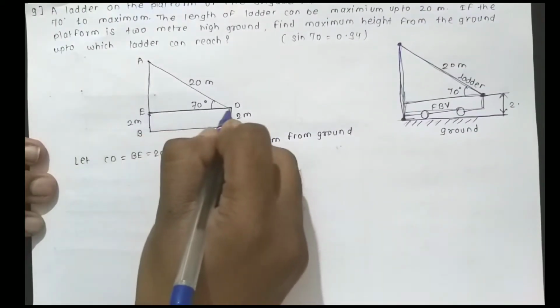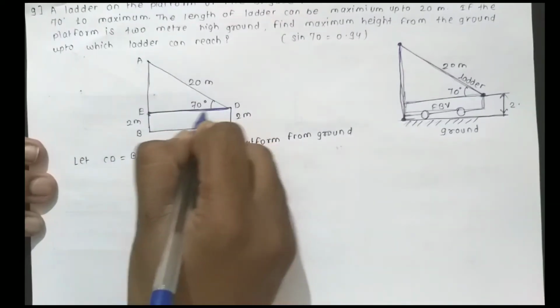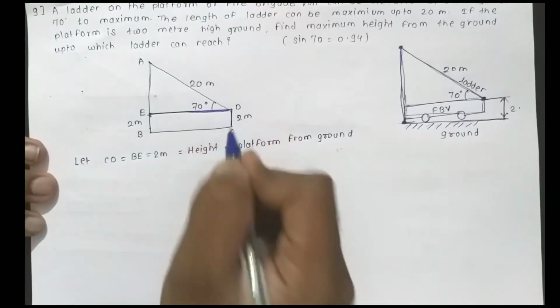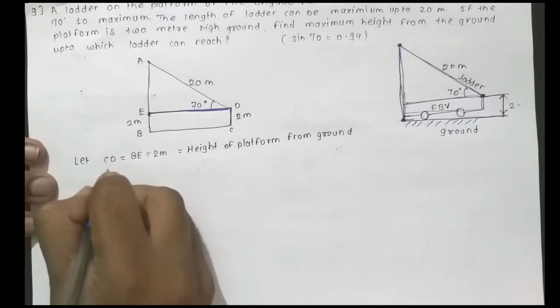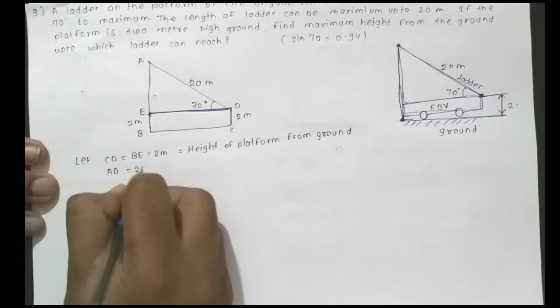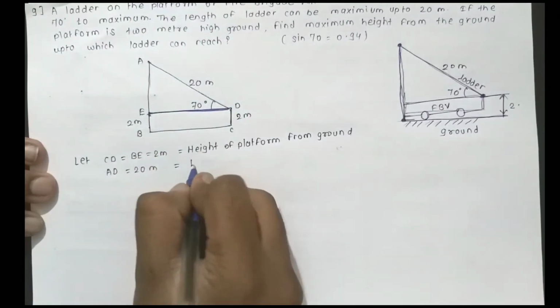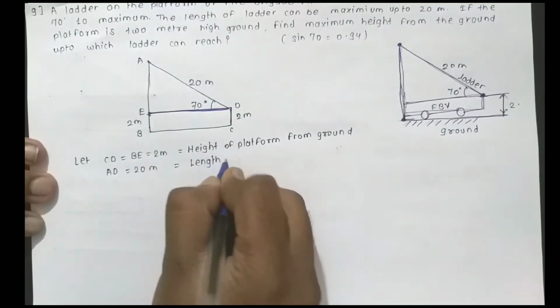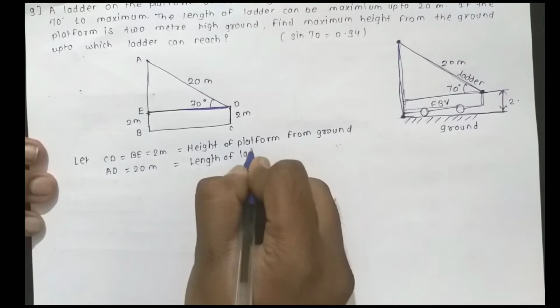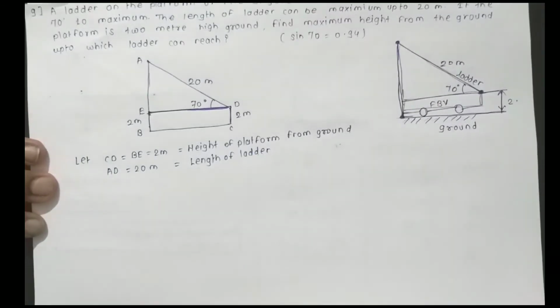This is the platform and this is the height from ground, that is 2 meter. AD is equal to 20 meter, that is the length of the ladder.